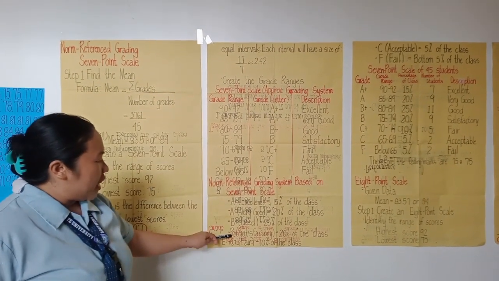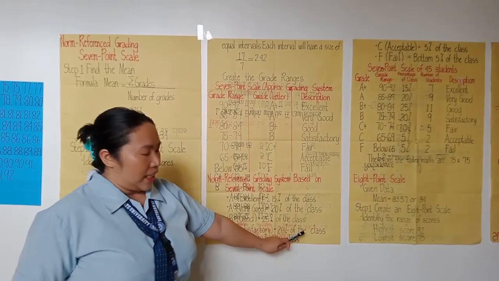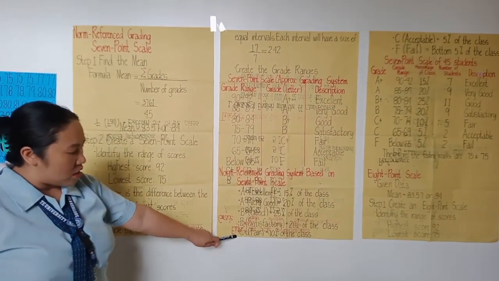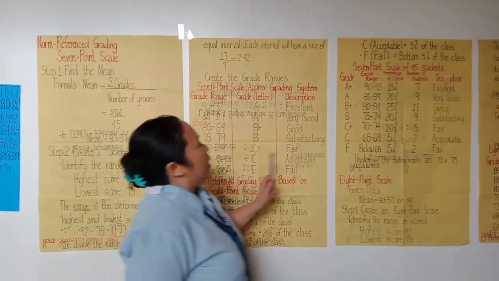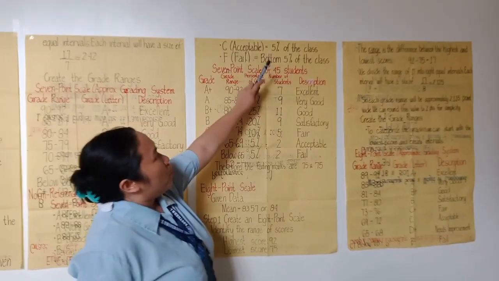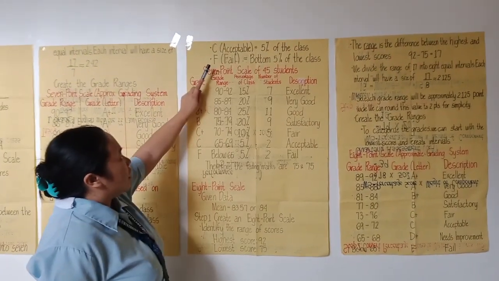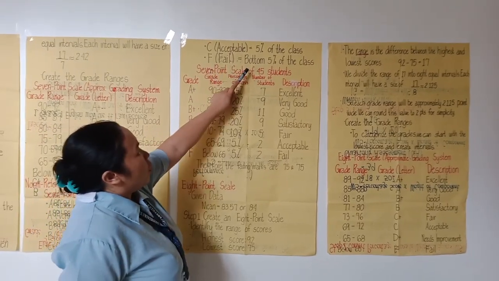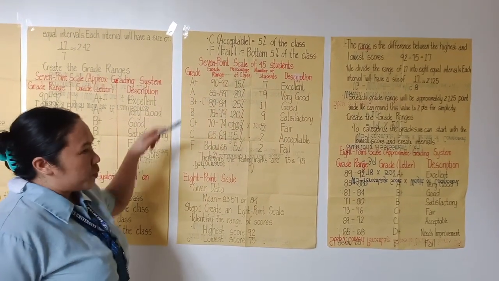And for B or satisfactory, we have 20% of the class. And C plus or fair, we have 10% of the class. And C or acceptable, we have allocated 5% of the class. And for F or fail, the bottom 5% of the class, which totals 100%.